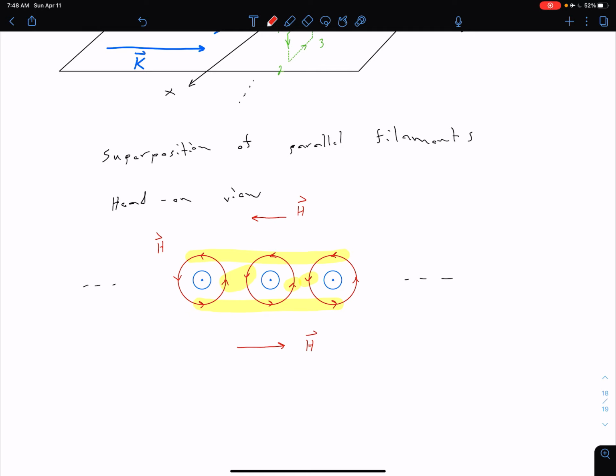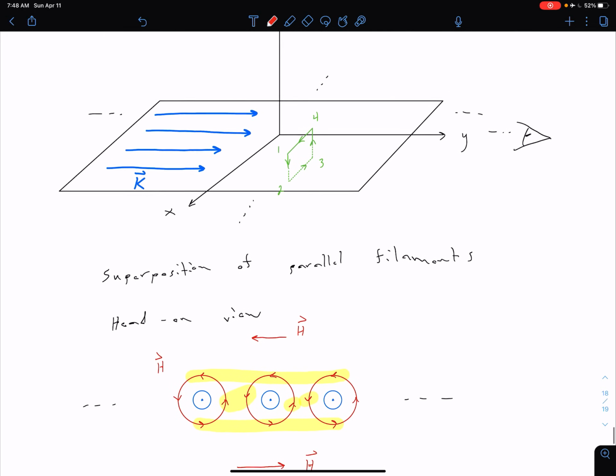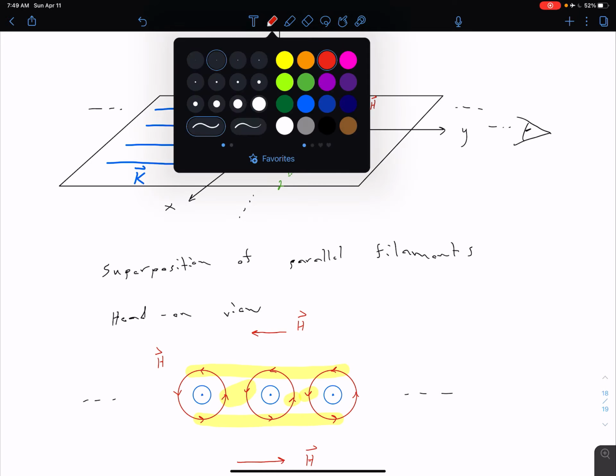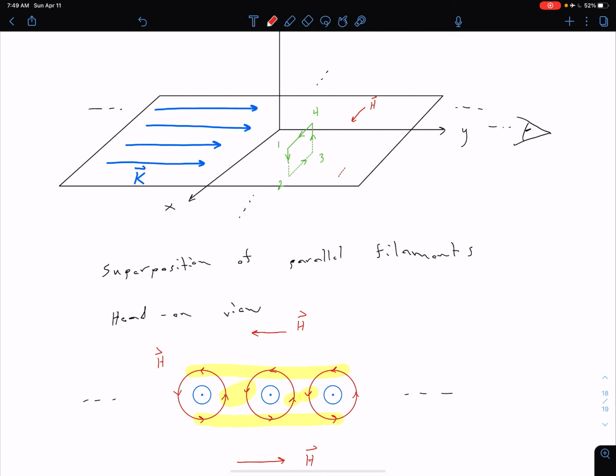So based on that information, coming back up here and looking at our Amperian path, above the plane, in our 1, 4 direction, we're going to have H in the positive x direction, so we'll have something like this. This is going to be our H above the plane, and then our H below the plane. Let me maybe do that in a dashed line. Below the plane down here, it's going to be in the opposite direction.